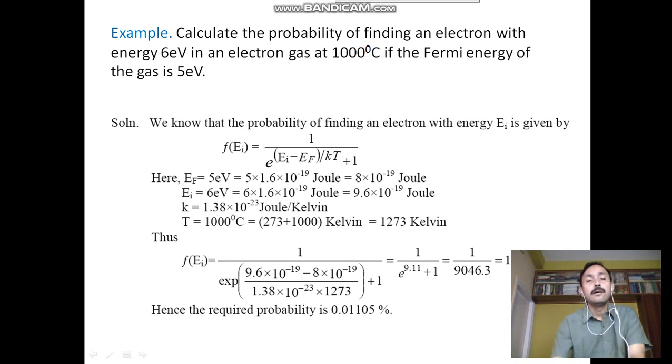So this is the Fe. In percentage, if we multiply by 100, it becomes 0.01105 percent. So this is the required probability in percentage, 0.01105.